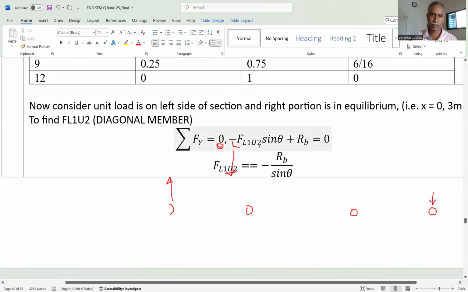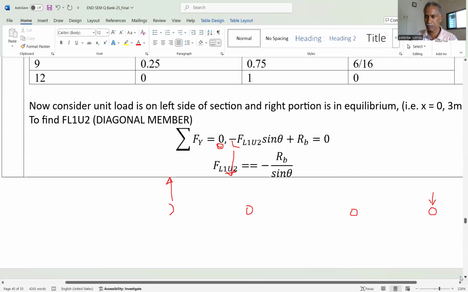Force in member U1, U2 in downward direction, that's why minus into sine theta, plus RB is equal to 0. So force in member L1, U2 is equal to minus RB divided by sine theta. But this is applicable if x is equal to 0, x is equal to 3 meter.